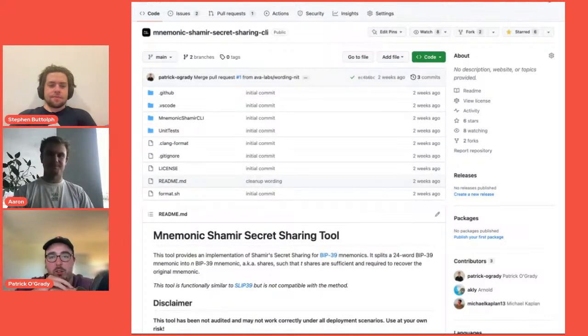Fortunately, Ava Labs maintains its own wallet, so we have a vehicle to actually deploy some of these things into, whereas people that don't have their own wallet can't play around as much with these sort of ideas. So it should be really cool to see.